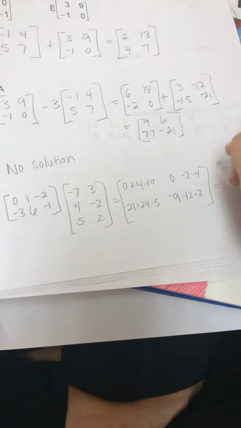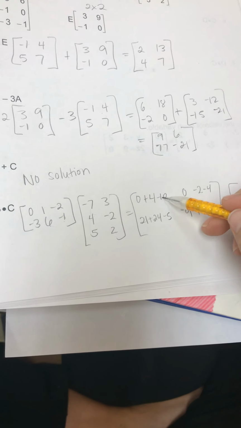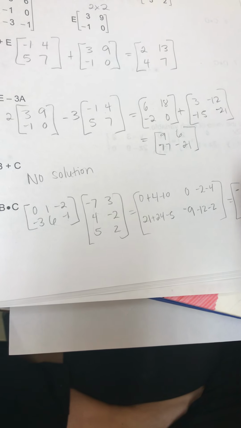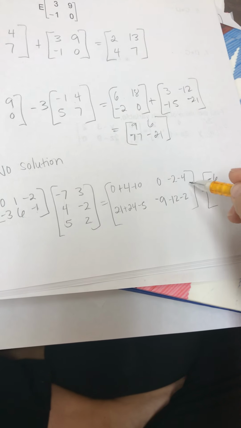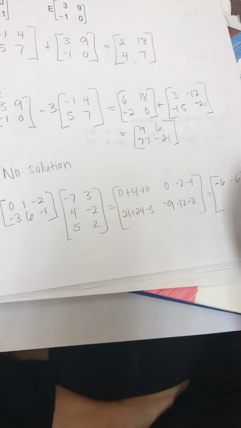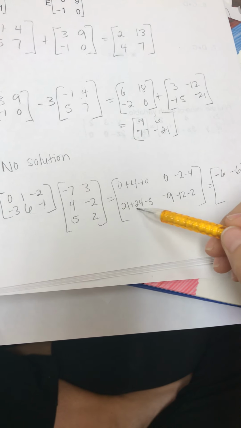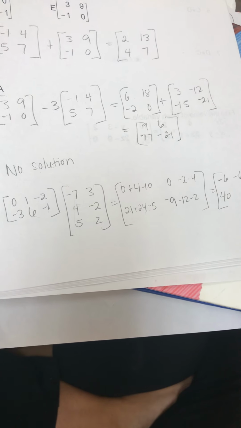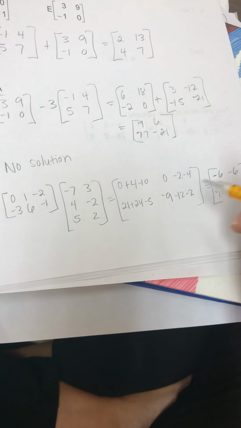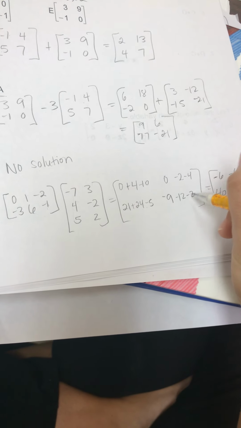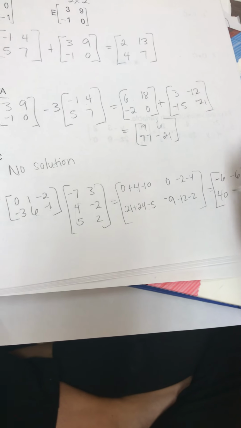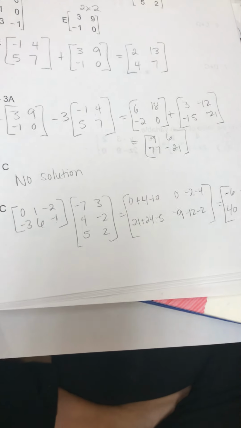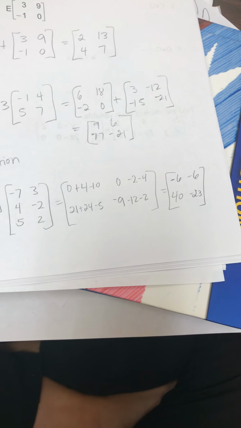Now you're just going to do the math. You're going to get 4 minus 10, which is negative 6. Negative 2 minus 4, negative 6. 21 plus 24 minus 5, get 40. And then negative 9 minus 12 minus 2, negative 23.